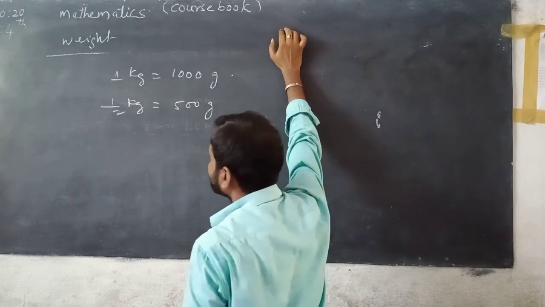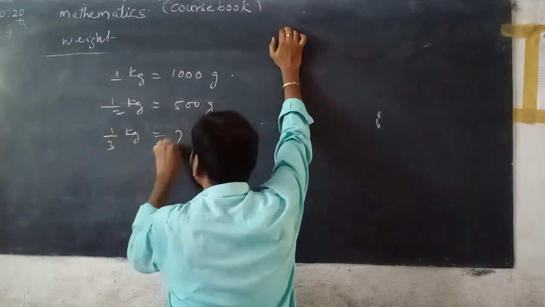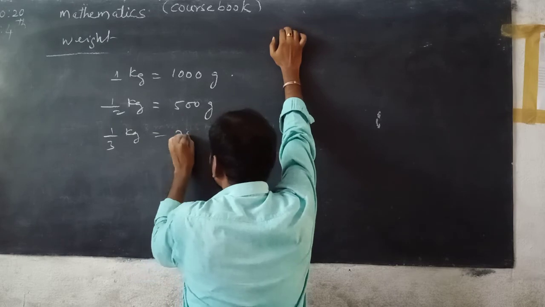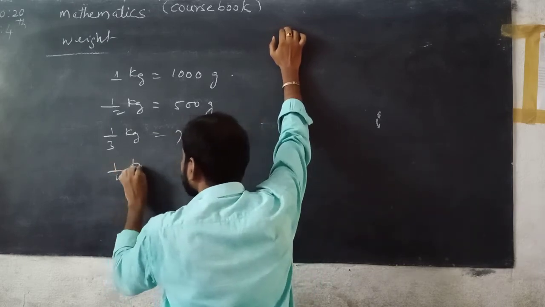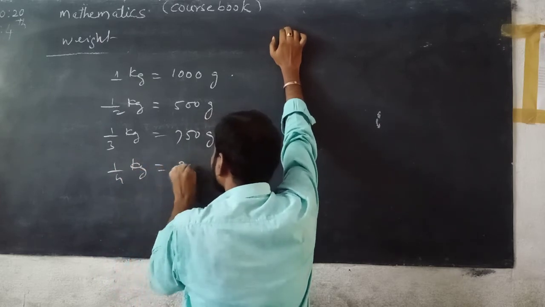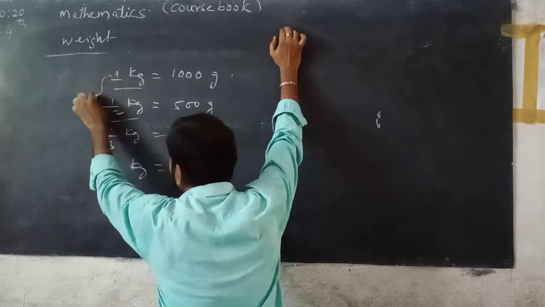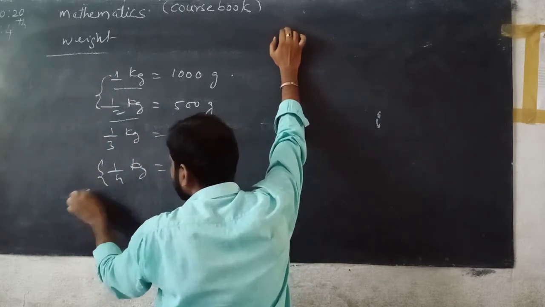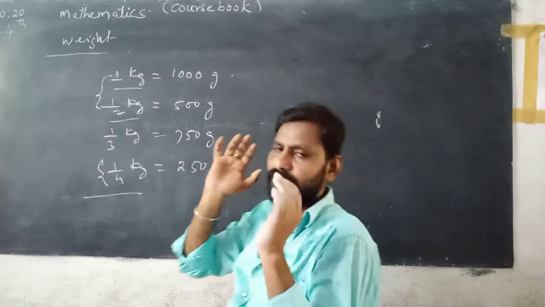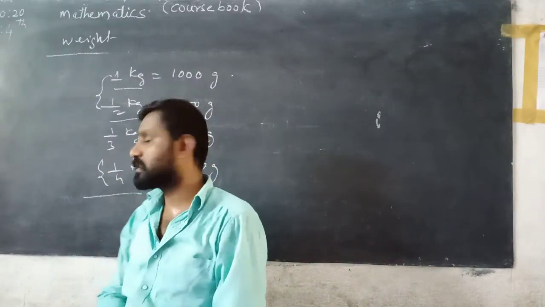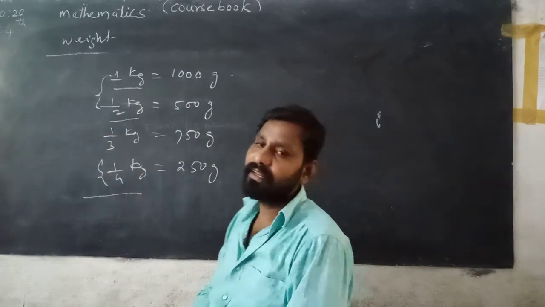Now next, 3/4 kg, so 750 grams. So 1/4 kg is 250 grams. This is 1 kg, this is half kg, you know everybody. 1/4 means in 1 kilo you take the fourth part, that is 250 grams. 3/4 means third part, 750 grams.